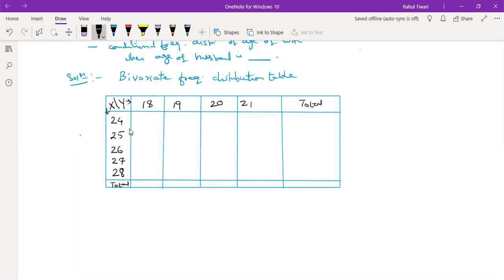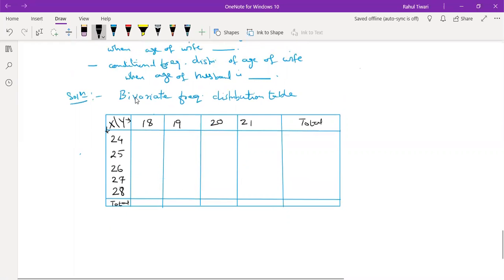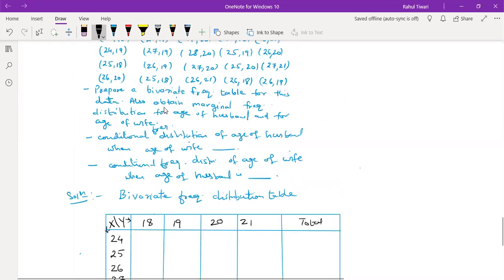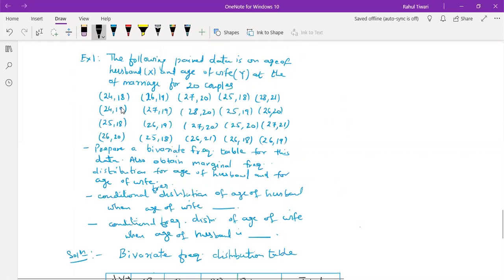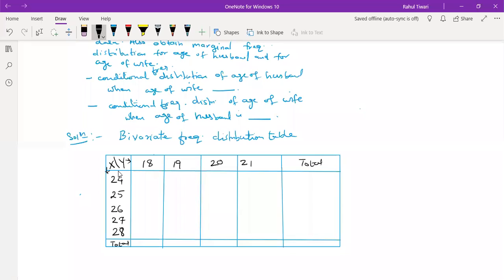Now, if you see the first data, your first data is 24, 18. So we have 24 and 18 marked as 1. Second is 26, 19, so marked 1.